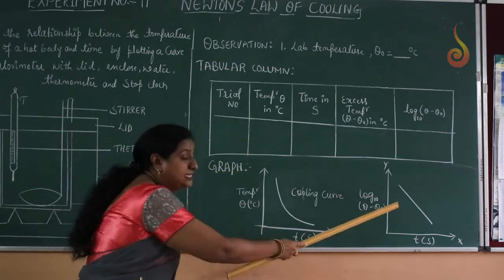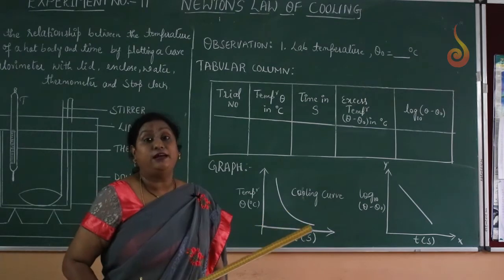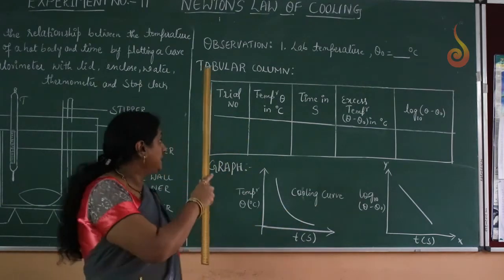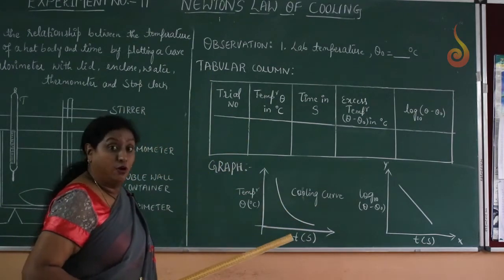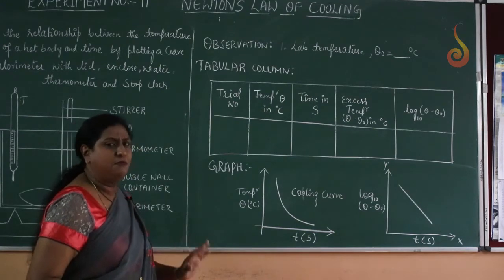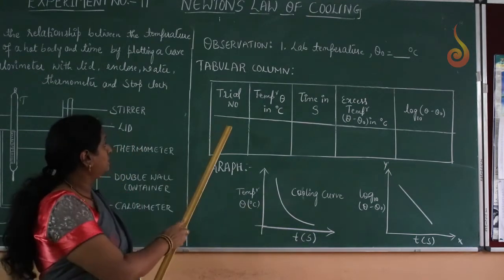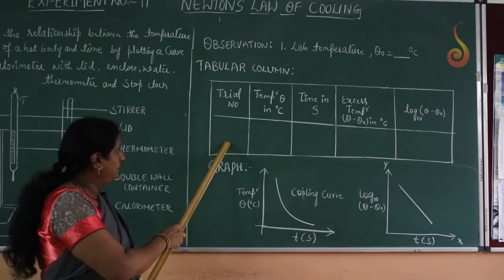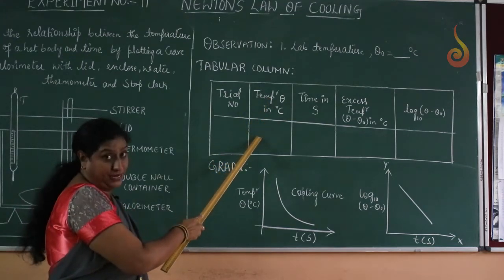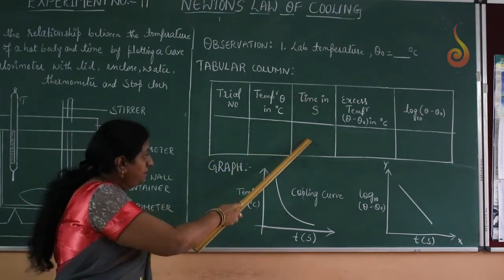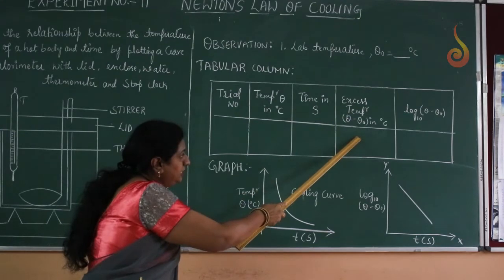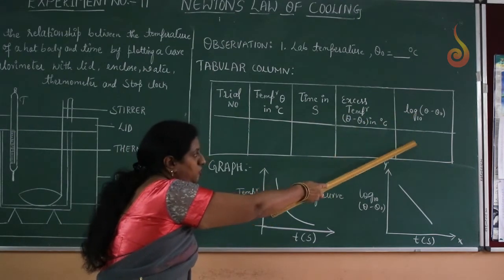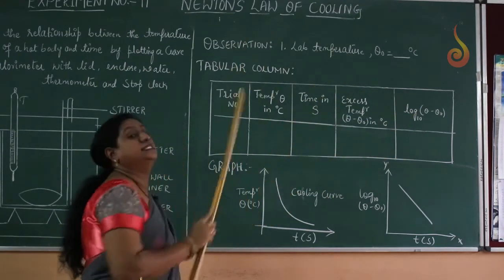Since it's a graphical experiment, to reduce the error, readings have to be taken for more trials. A minimum of 6 trials is required. So first is the trial number, next is the temperature, then time, then excess temperature, and the last one is log to the base 10 of this excess temperature.